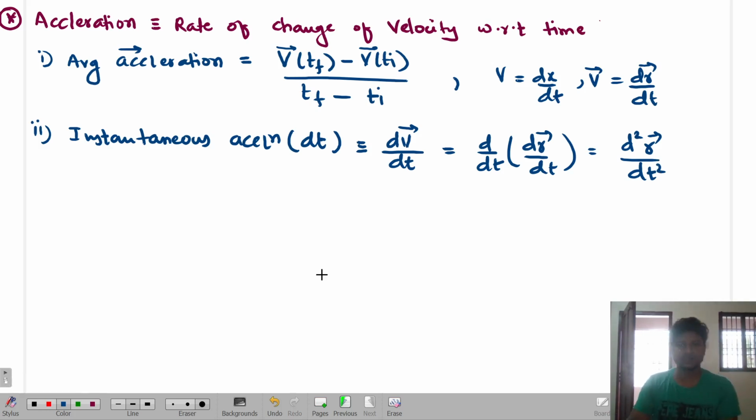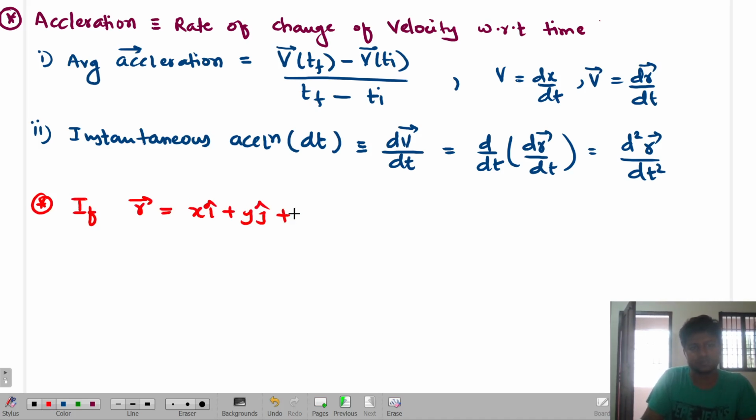Means if r vector is given in a three-dimensional coordinate system, as we know r vector is the position vector, so r vector is given as x i cap plus y j cap plus z k cap, considering the movement of the particle along all three directions.